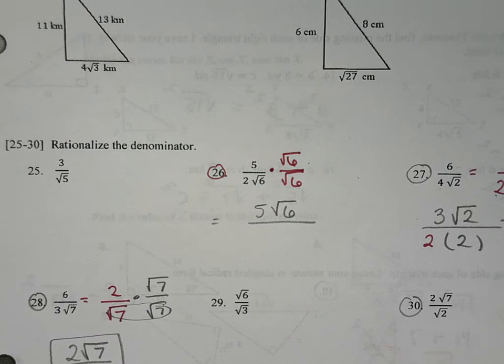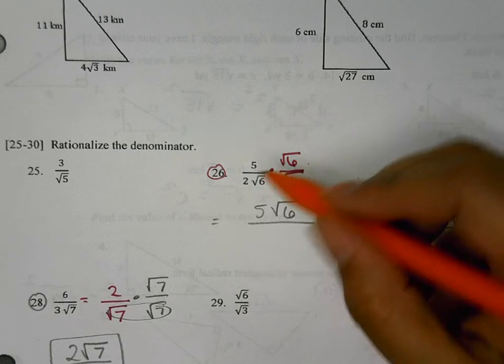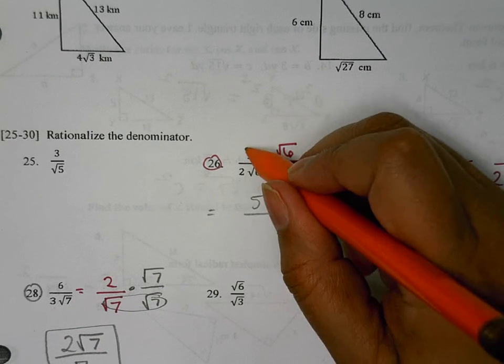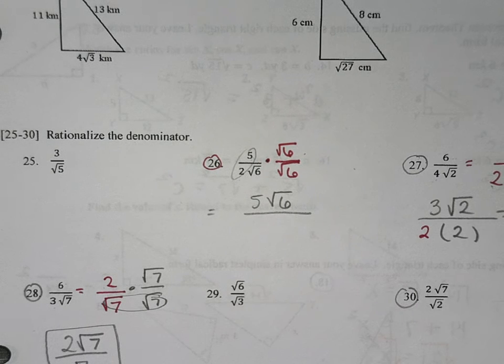Why root 6 over root 6? Oh, this right here? Like we did over here? Why? Can anybody answer that? Why didn't we simplify first? They're both numbers, nothing goes in.